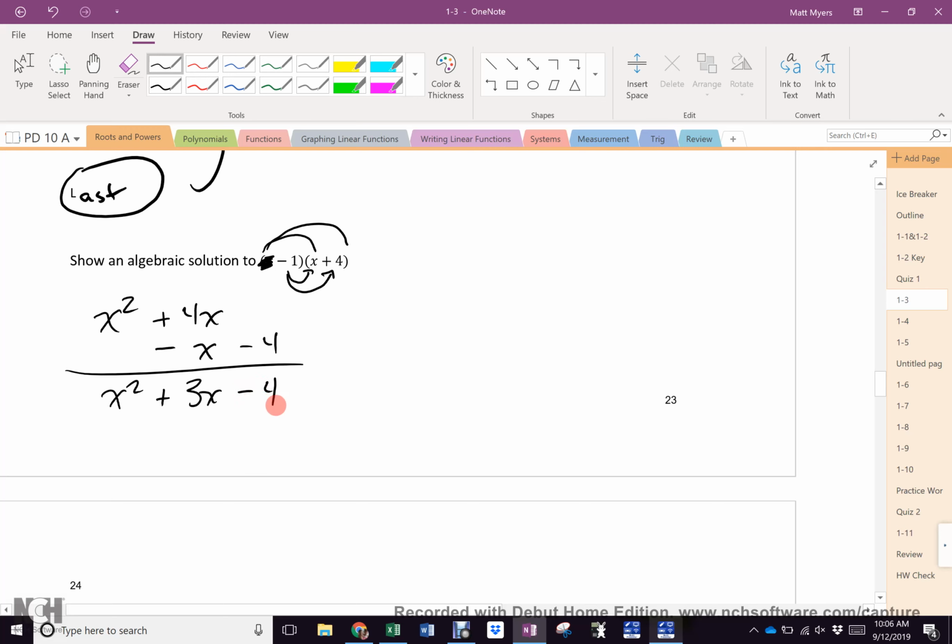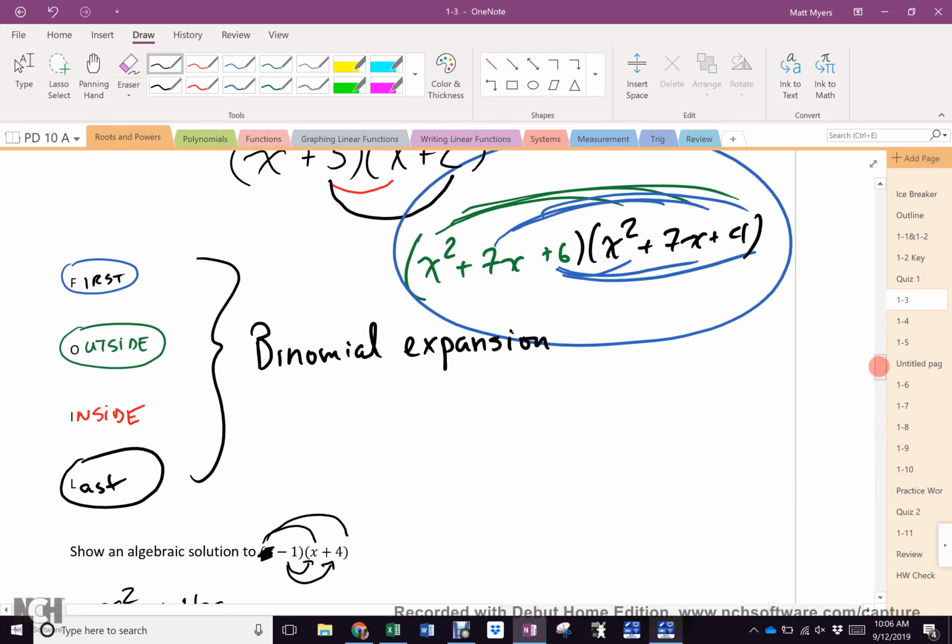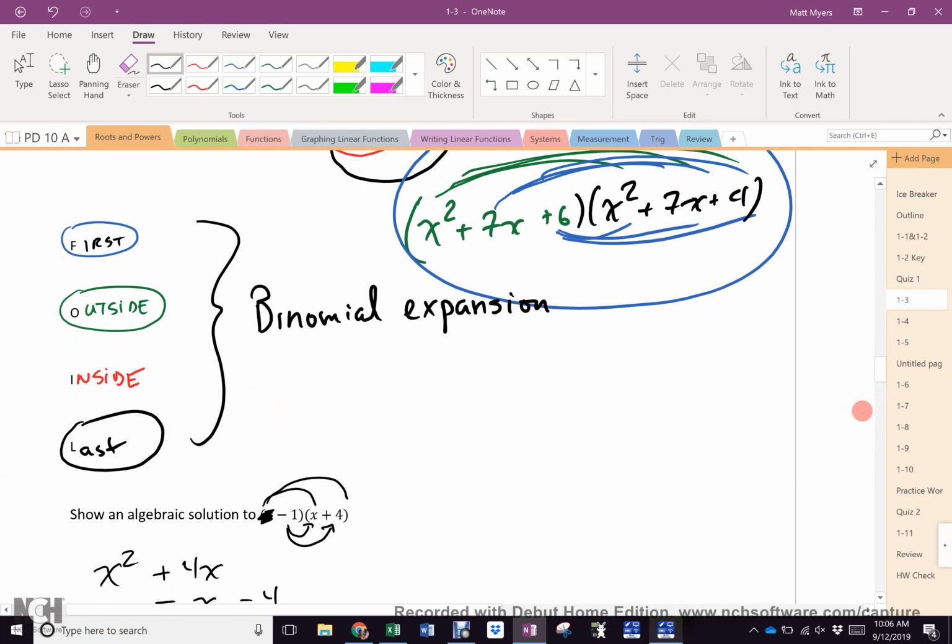Time for the gift that you all already know. In this question, the answer was x squared plus 3x minus 4, correct?